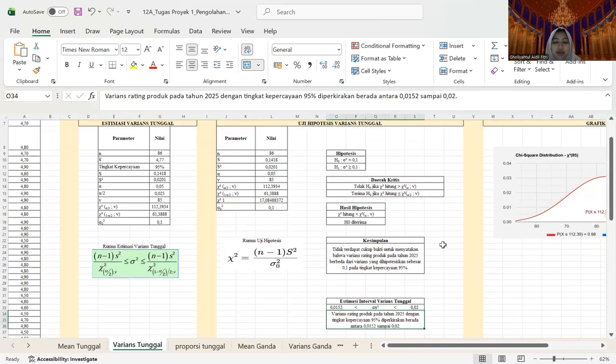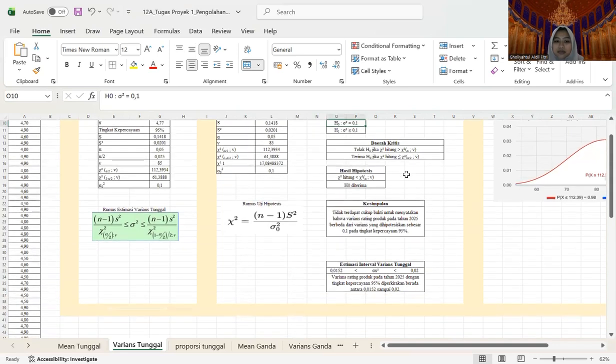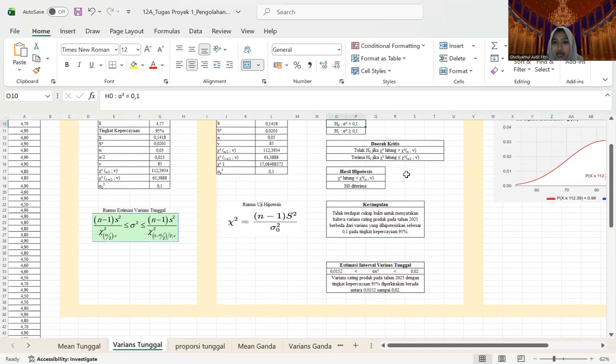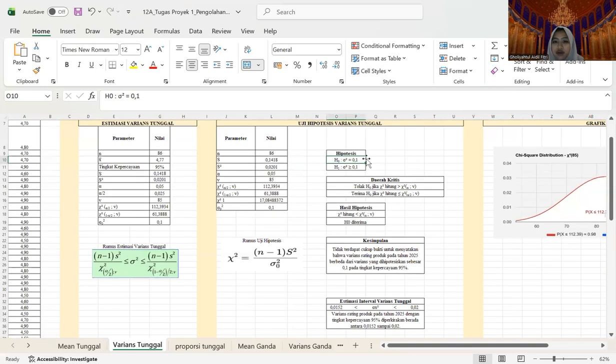Now let's move to the hypothesis testing. Our hypotheses are H naught: sigma square equals 0.1, and H1: sigma square is not equal to 0.1.